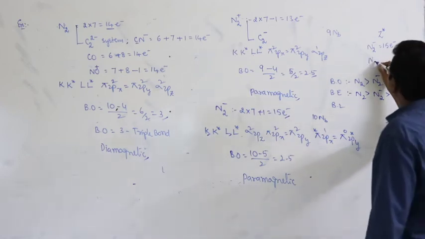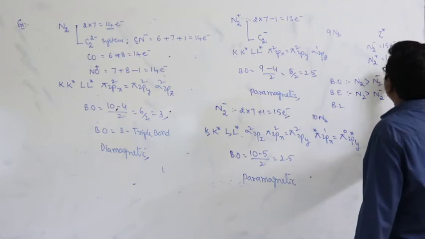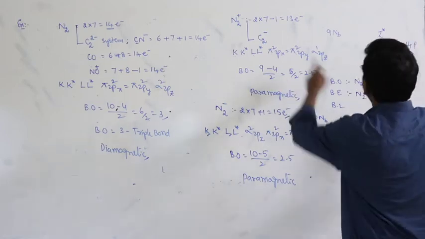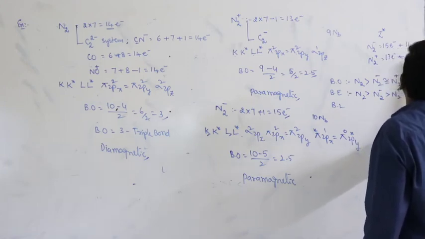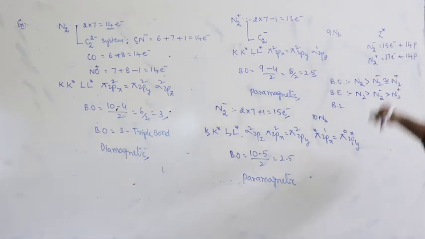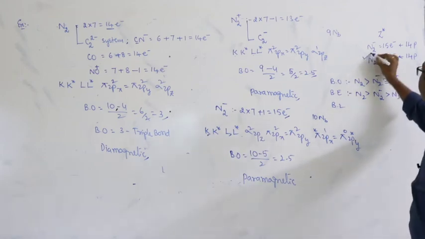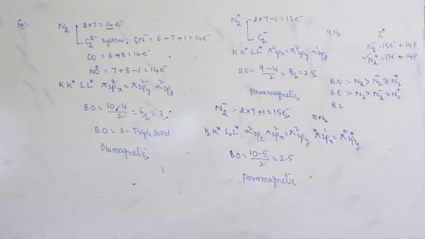In case of N2 plus, 13 electrons are held by 14 protons. In which case is the effective nuclear charge more? In this case the effective nuclear charge is more. Why? Here 14 protons are holding 13 electrons. For each electron the nuclear attraction is more in case of N2 plus.